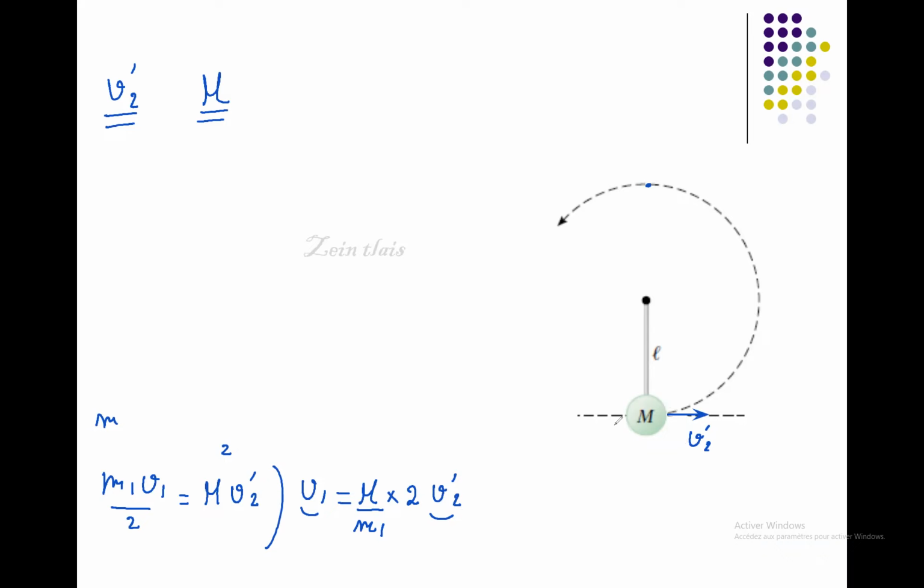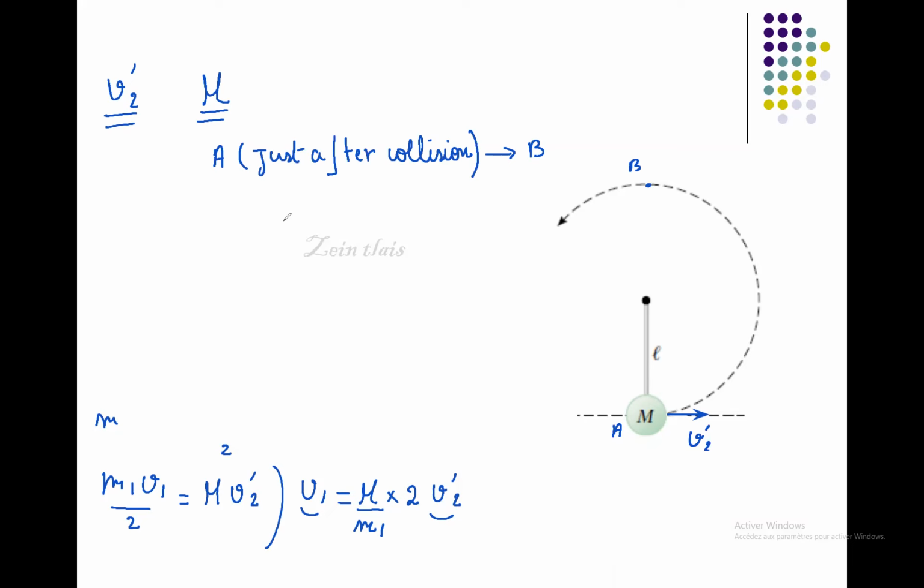Let's say here we have position A and here we have position B. So I take between position A just after the collision and position B when the pendulum reaches the maximum at this point.